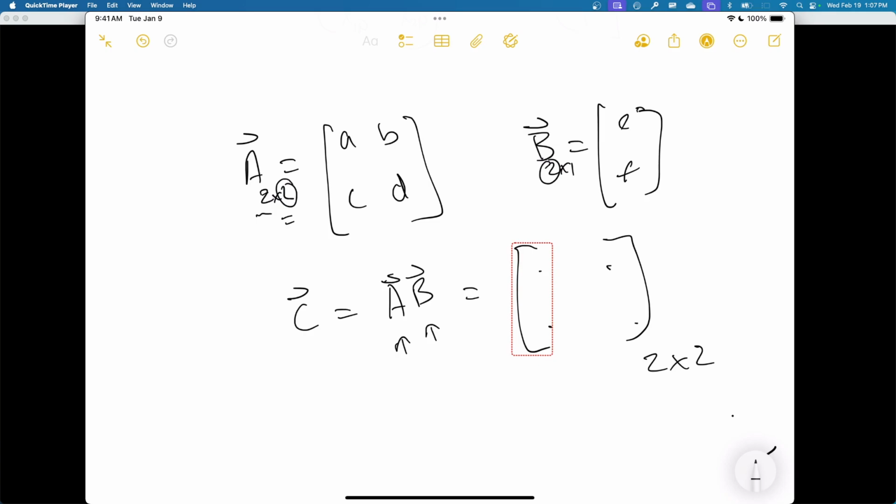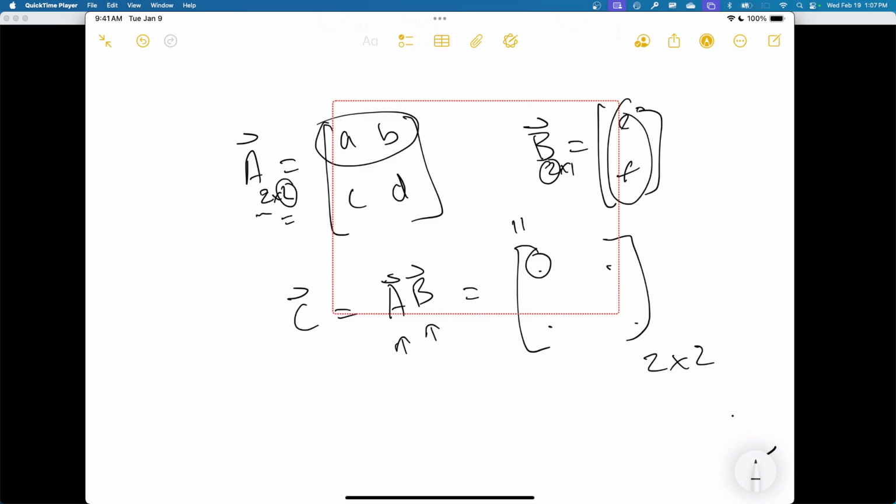So if we want the entry for cell 1, 1, we take the first row of the pre-multiplier, take the first column of the post-multiplier, and actually, I've already gotten this wrong. This should be a 1 right here.